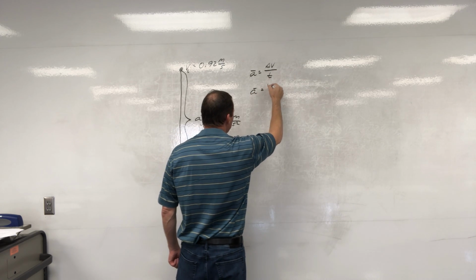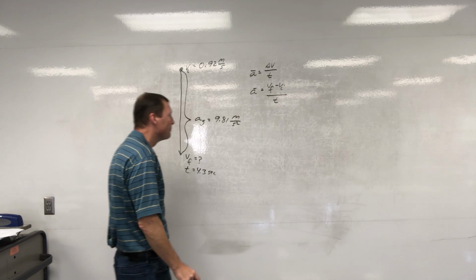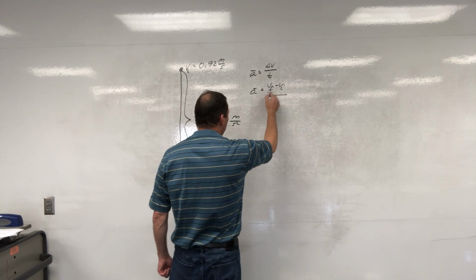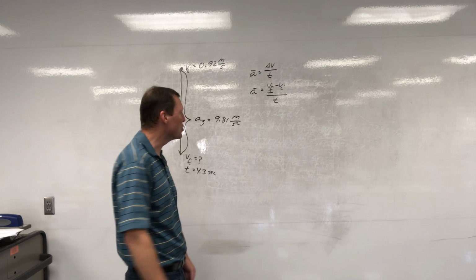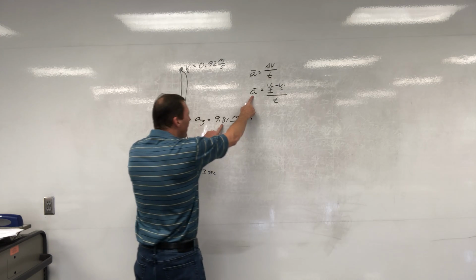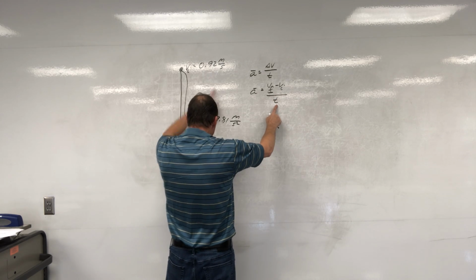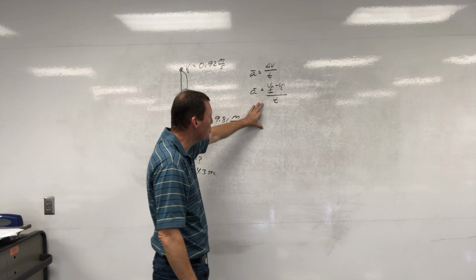Average acceleration equals final minus initial divided by time. Now remember, we're looking for this, and that means I need everything else in my equation. Do I have the acceleration? I do. Do I have the initial velocity? I do. Do I have the time? I do. All right, so I can use this equation here.